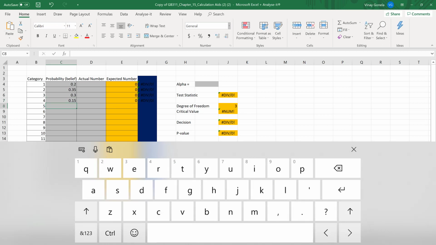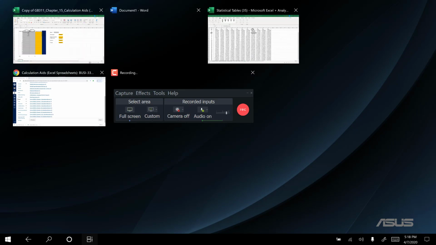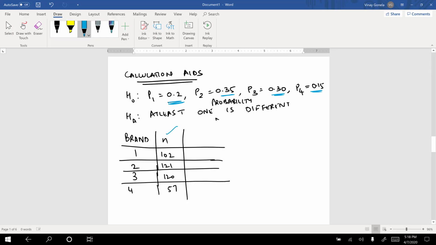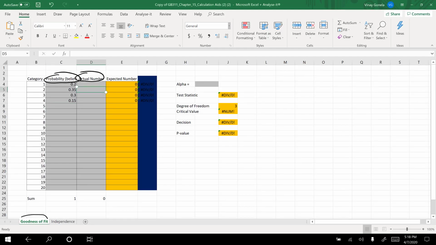Now once we have these, we have to enter the actual values. We did probabilities, now we have to enter actual values. The actual values would be the n, so you have to copy 102, 121, 120, and 57.